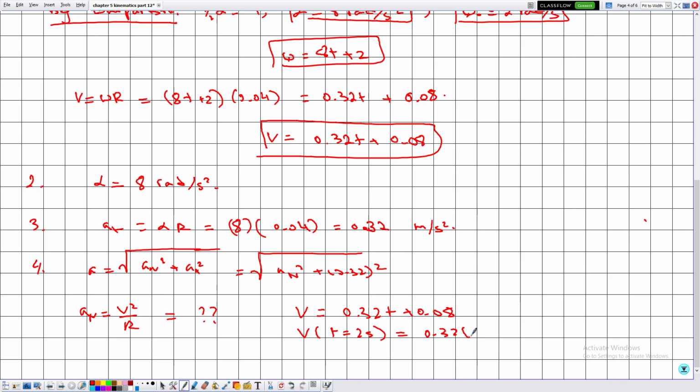So 0.32 multiplied by 2 plus 0.08, which is equal to 0.72 meters per second. Now an is equal to 0.72 to the power 2 divided by the value of r, which is 0.04.